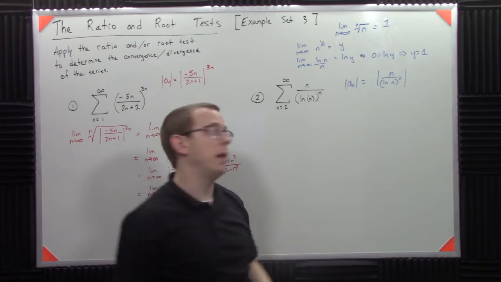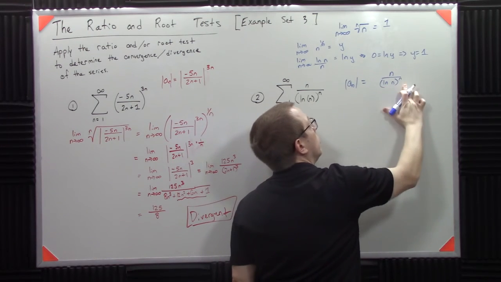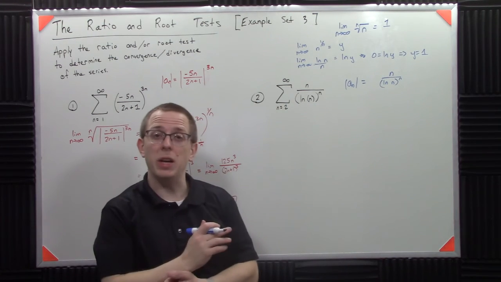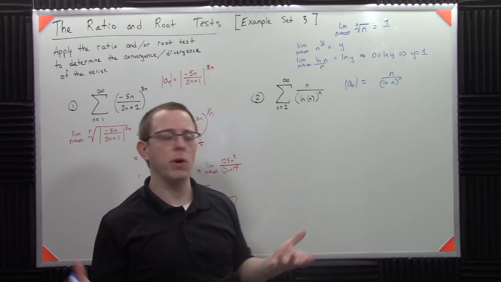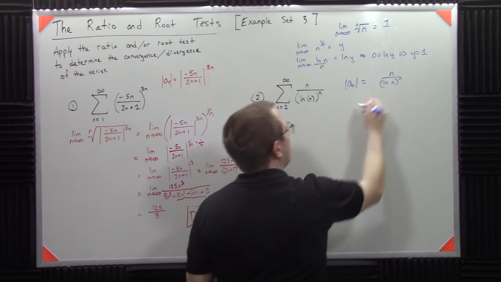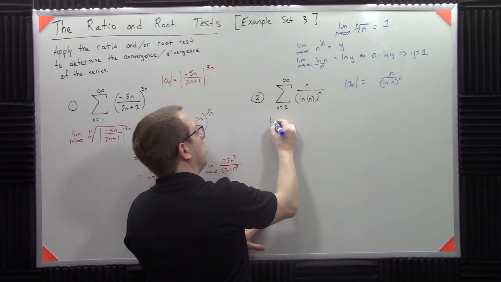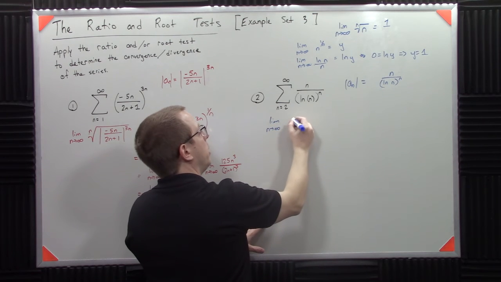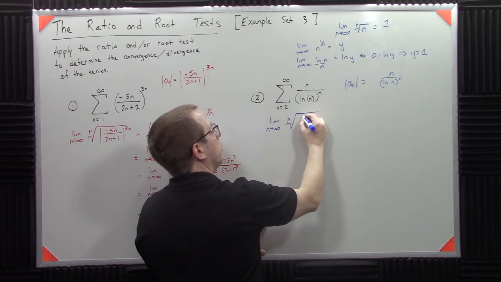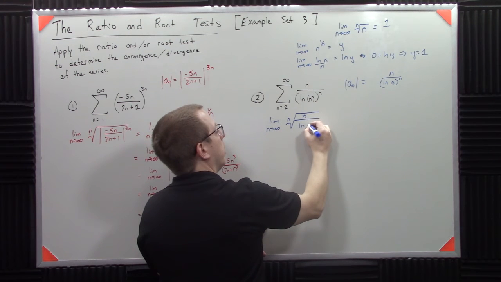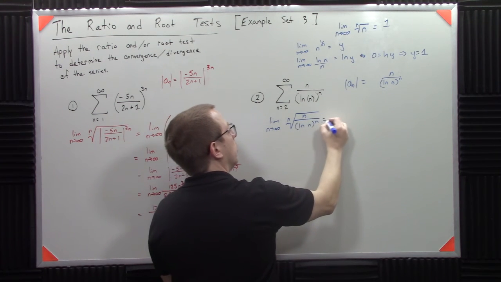So we can actually remove the absolute value here. We didn't have to, but why write it if you don't have to? So this is your a sub n, so we need to take the limit as n goes to infinity of the nth root of n over natural log of n to the n.